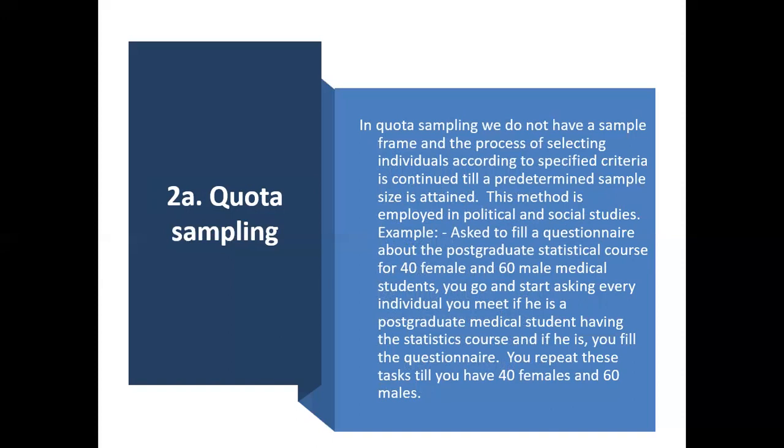You go and start asking every individual you meet if he is a postgraduate medical student having the statistics course, and if he is, you fill the questionnaire. So you repeat these tasks till you have 40 females and 60 males. This is quota.